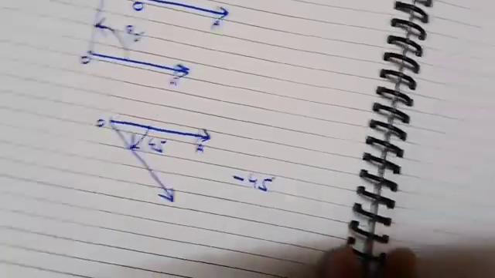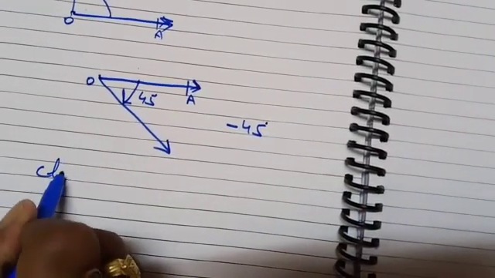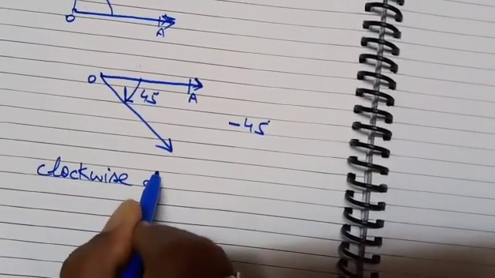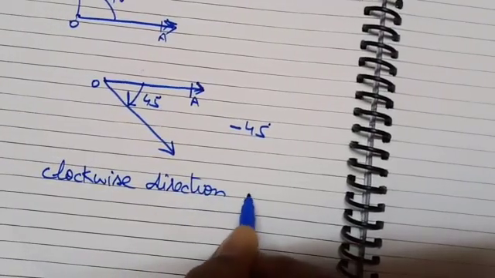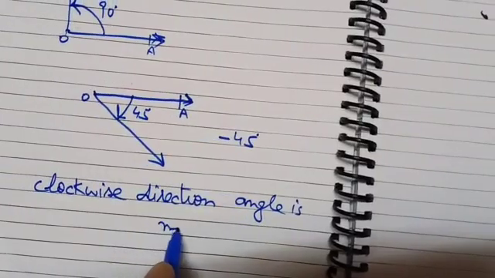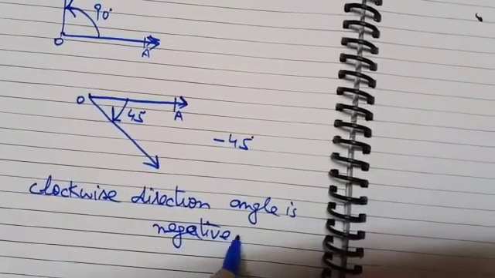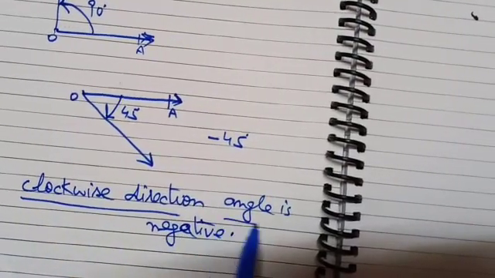So when we move in the clockwise direction, the angle is negative.